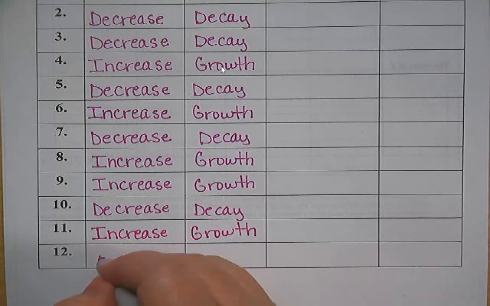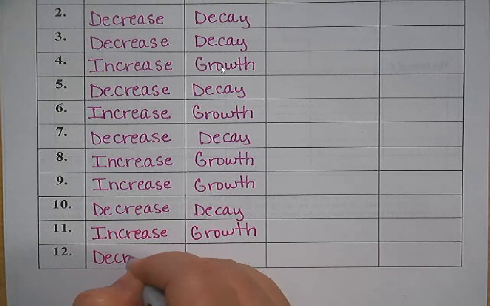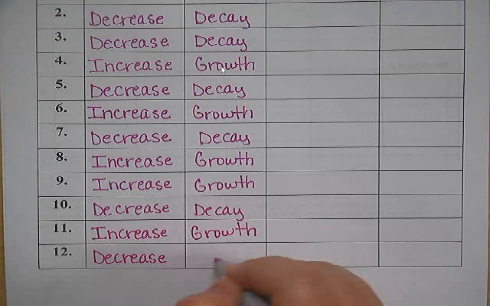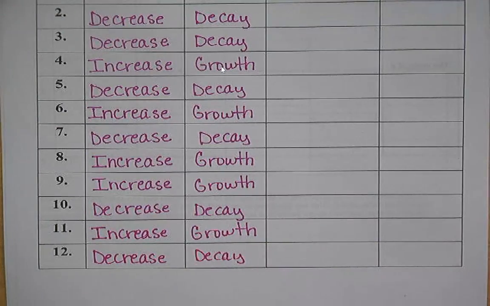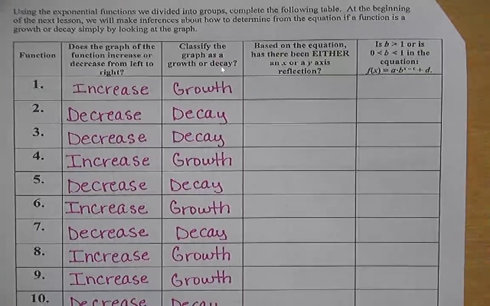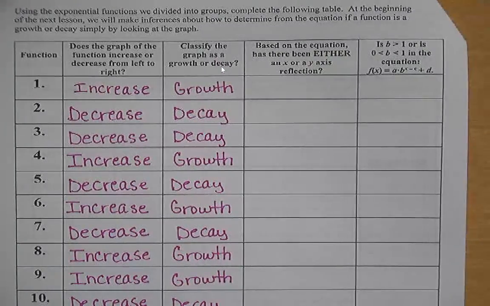And finally, number 12 will decrease, making it a decay. All right, so that's pretty simple to simply observe.